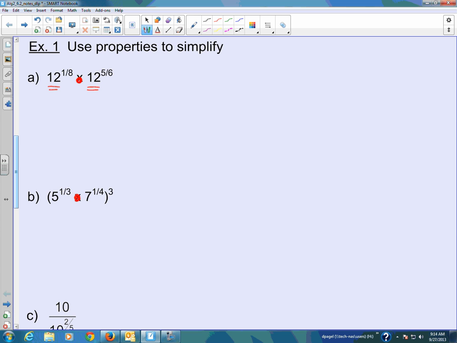In this case, with my bases being the same, we leave our base and simply add our powers. Because I have powers with different denominators, I'm going to have to create common denominators. For an 8 and a 6, I've got 24 as my common denominator. To make an 8 become a 24, I multiply by 3, and I do the same thing with the 1.